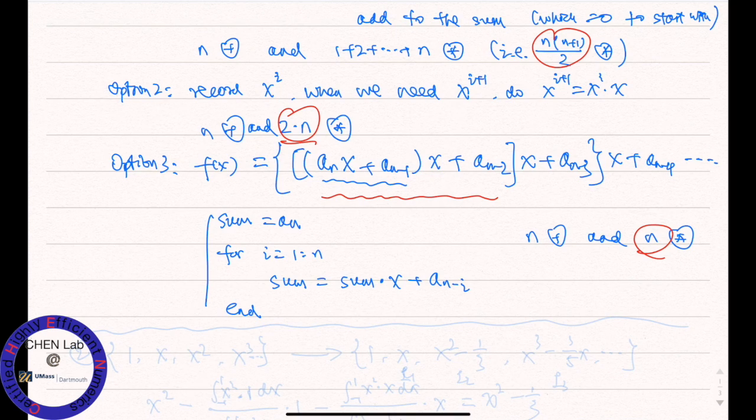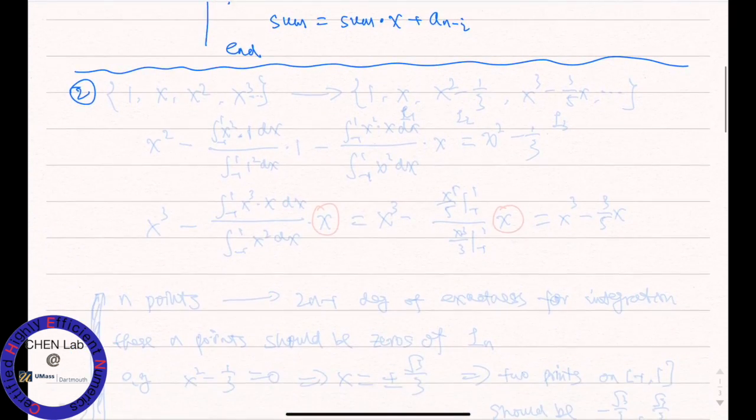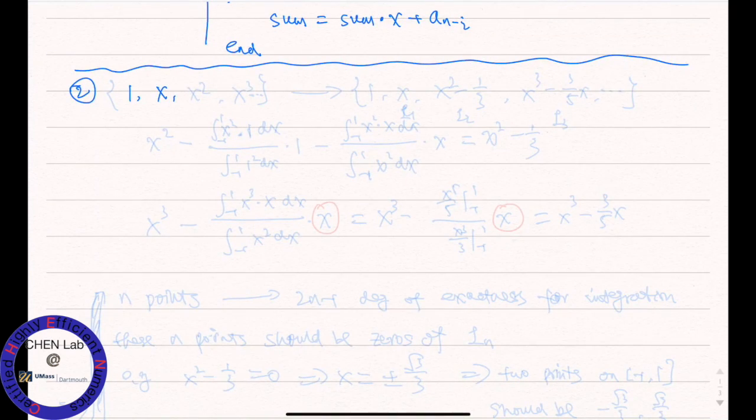Something I want to talk about is the orthogonal polynomials, which we went through very quickly the other day, and I found out there were some errors. We move from 1, x, x squared, x cubed to 1, x, and then the next one starts with x squared.